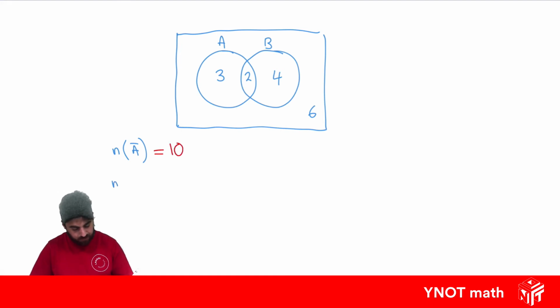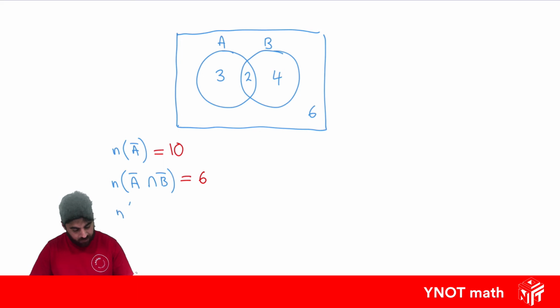What about the number of elements in the complement of A intersection the complement of B? Well, if it's not going to be in A and not going to be in B, it has to be the elements out here, so we get 6.